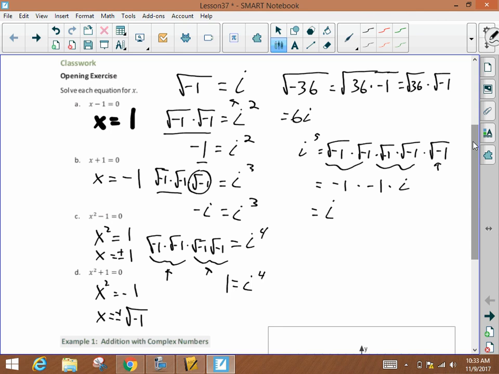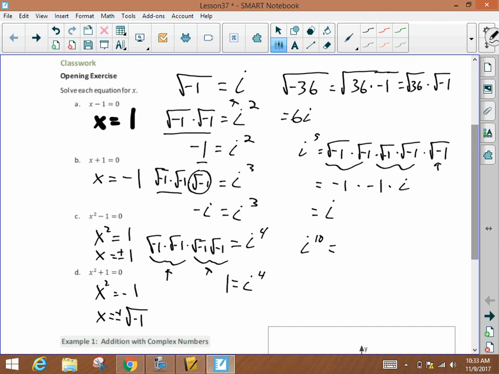Hey, the pattern has repeated every 4 times. You will repeat. So on the 5th one it goes back to i. So if that is true, then what is i to the 10,000?